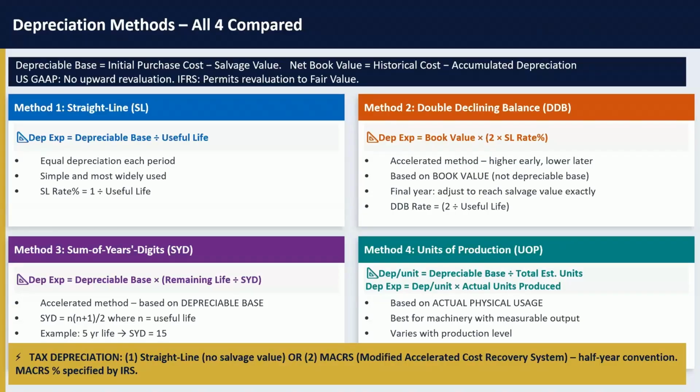Suppose you are producing 1000 units and your depreciable base is 10,000. Per unit, the depreciation expense will be 10,000 divided by 1,000, that is 10 rupees. If you produce 500 units, your depreciation expense will be 5,000.